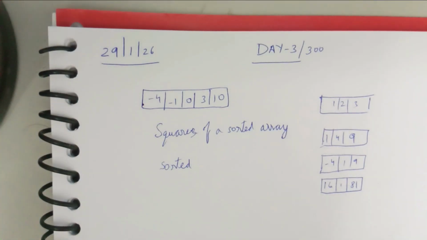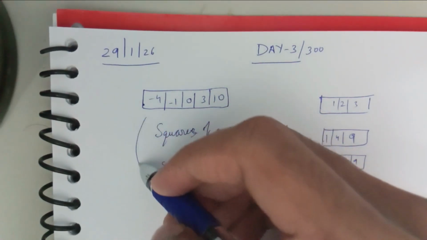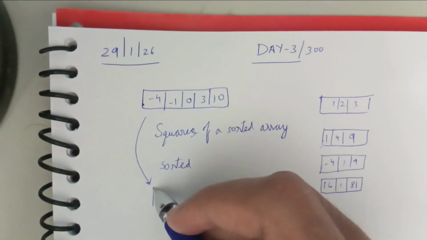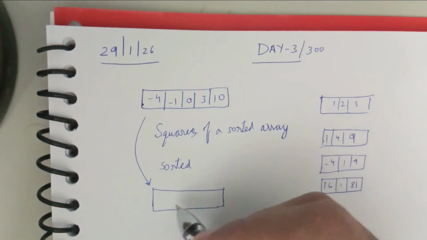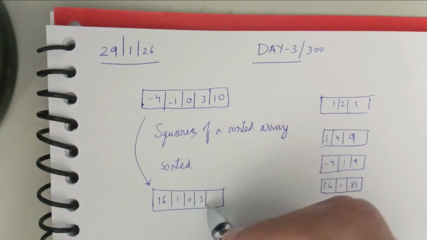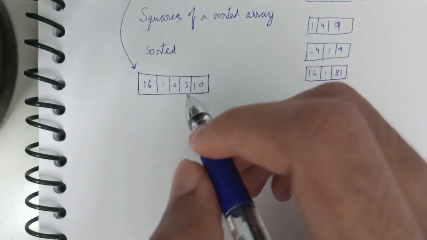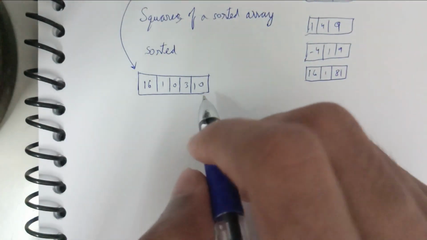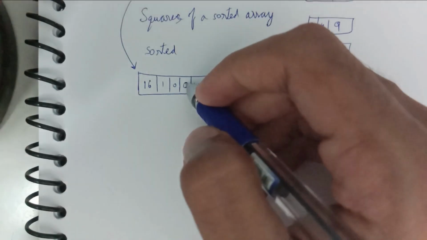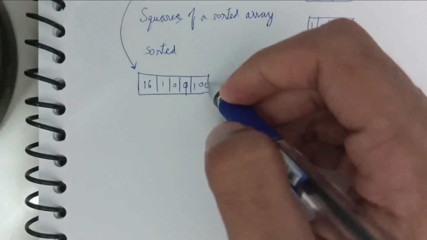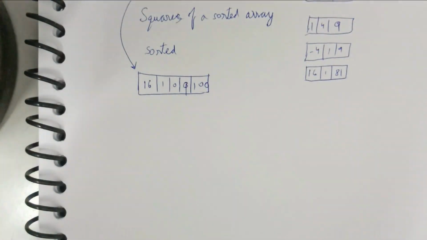If we square all the numbers, what we have is 16 1 0 9 100. This array is not sorted now. It is neither in increasing order nor decreasing order. So what do we need to do?